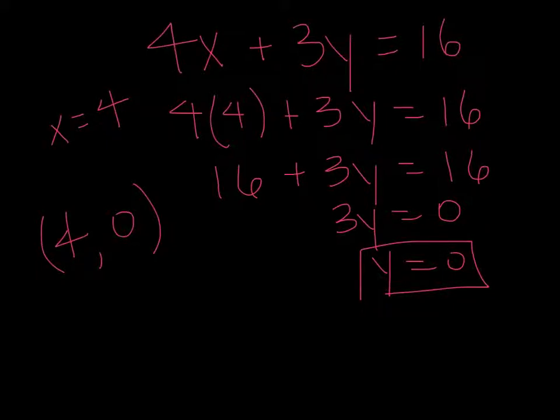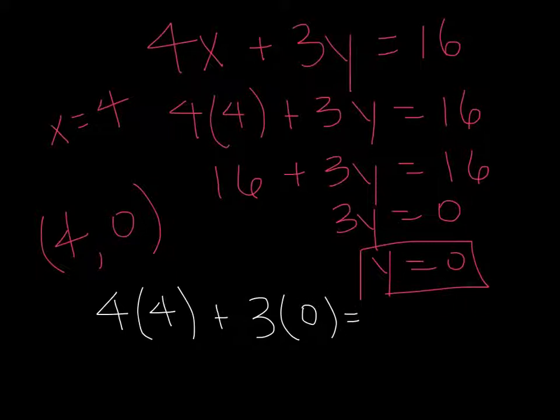The last step tells us to substitute back into the original equations, both points, to determine if we are correct. So if we take the first equation, when x is 4, plus 3 times y when y is 0, 4 times 4 is 16, 16 plus 0 is 16. That checks out.